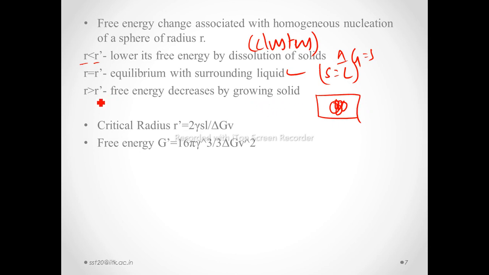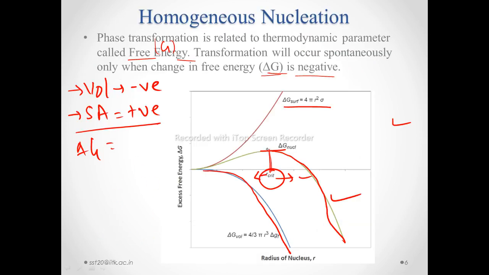That means the necessary condition for the phase transformation is that the radius of a nucleus should be greater than the critical radius. If it is more than the critical radius, the Gibbs free energy goes on decreasing, hence a stable nucleus will be formed, resulting in a decrease in free energy and formation of a stable system.